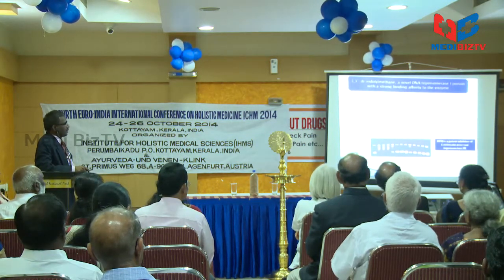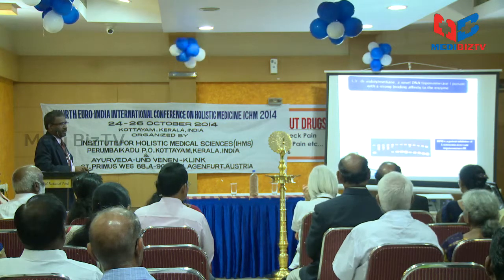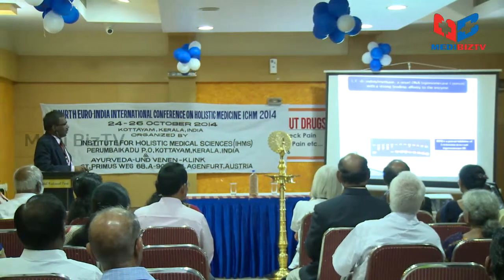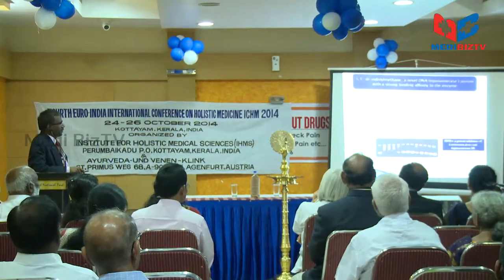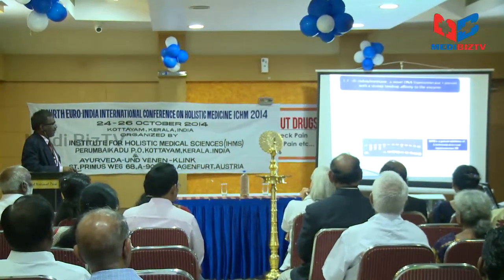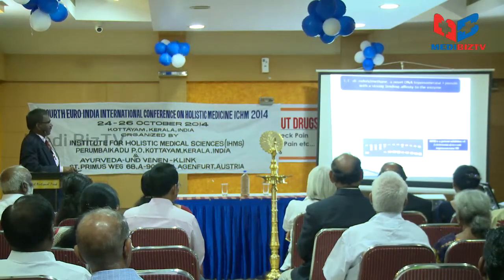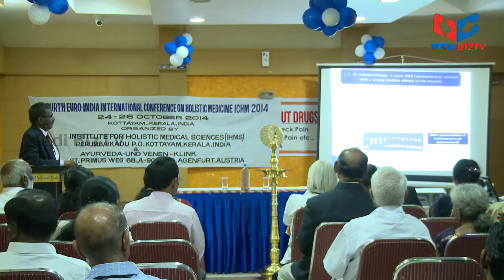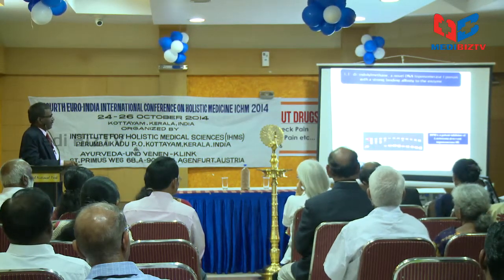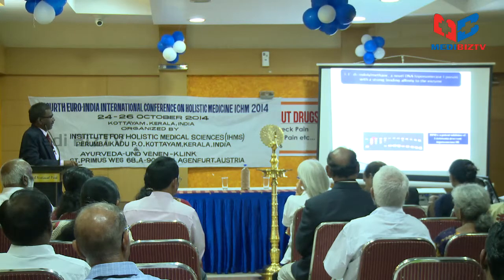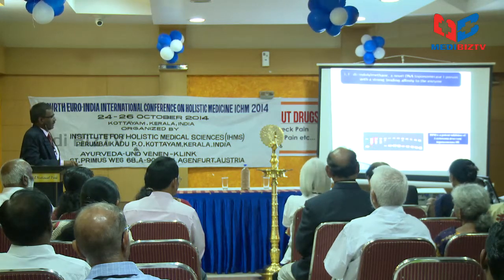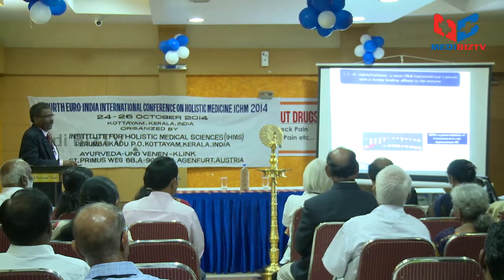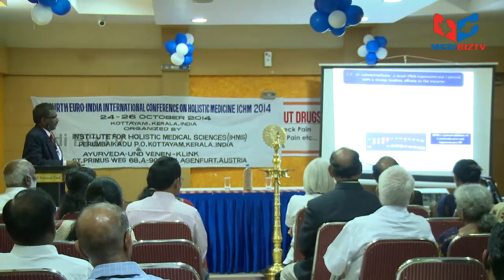And camptothecin is a well-known anti-cancer drug, a well-known topoisomerase 1 poison, and this is the one which we have compared with this. You can see that this is the unwound form. This is the cutting. Cutting is happening here. The enzyme is cutting the DNA into small pieces.